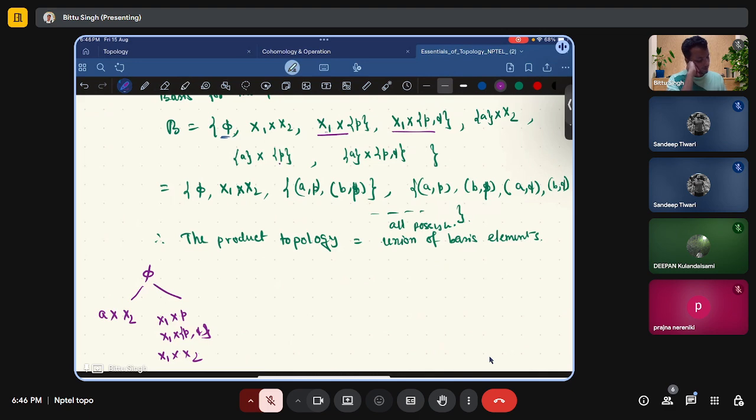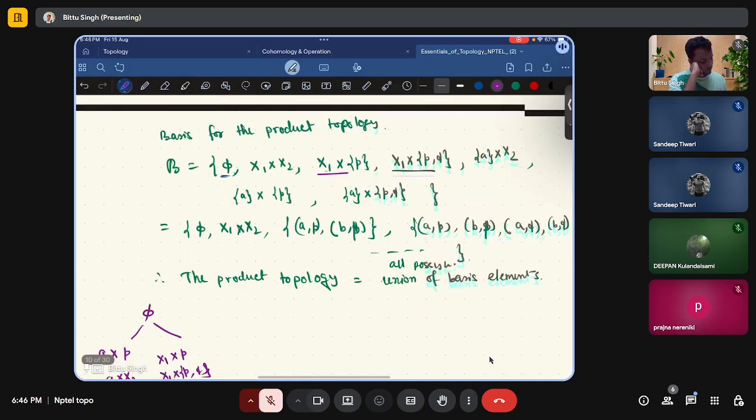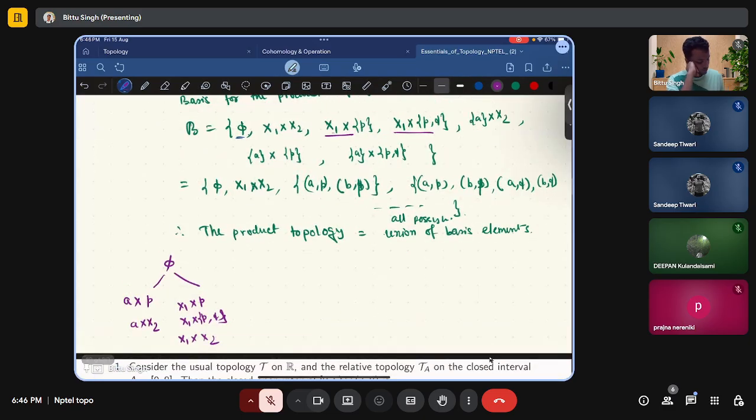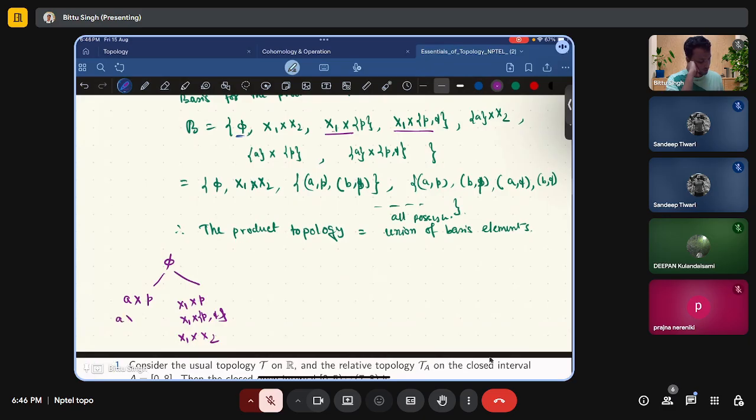Now what about a cross p? A cross p is smaller, so I am putting a cross p here, then a cross x2, and a cross pq is in between, right? So there is something, a cross pq, here. So this is the structure. I am writing it in poset structure.